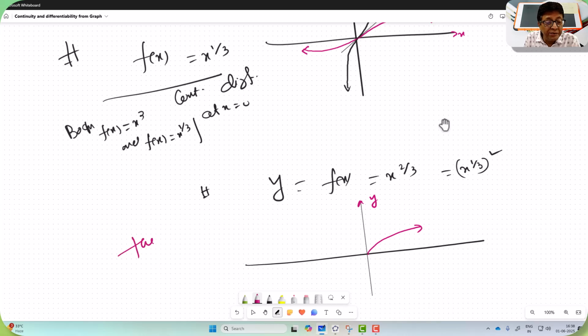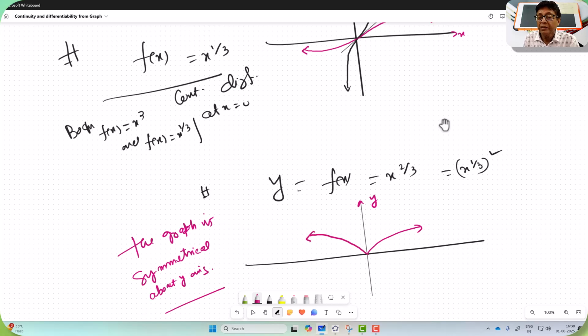The graph is symmetrical about the y-axis. Why? Because if you replace x by minus x, the equation will remain the same. This is for y equal to x to the power 2/3. So at the point x equal to 0, it is continuous.